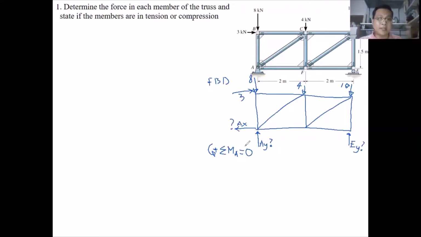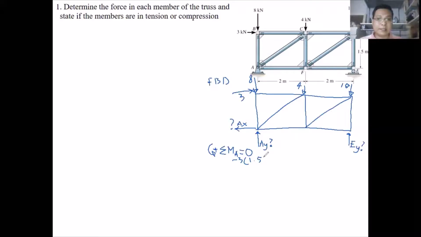Now we calculate with the position A as 0, so the forces acting are referred to point A. The first one, moment of 3 times 1.5, because this one is 3, in the clockwise direction.